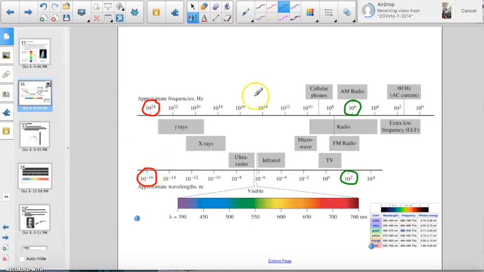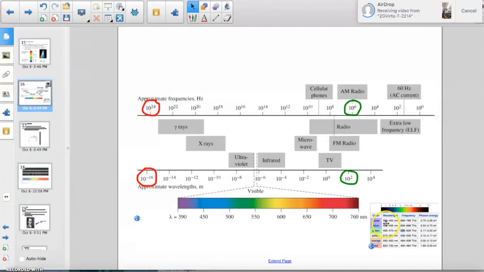So the visible light, which is in this area of the electromagnetic spectrum, again will be between more or less 390 nanometers and 760 nanometers of wavelength, and their corresponding frequencies that you can have here.